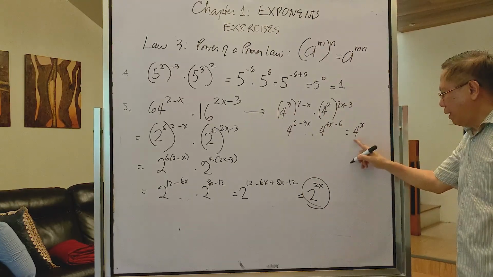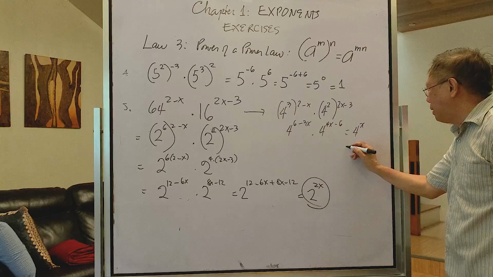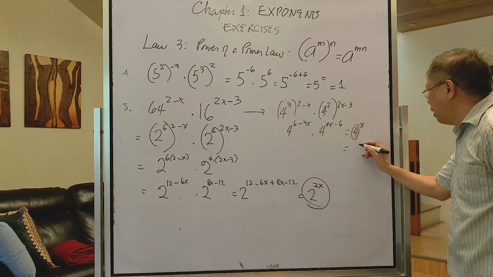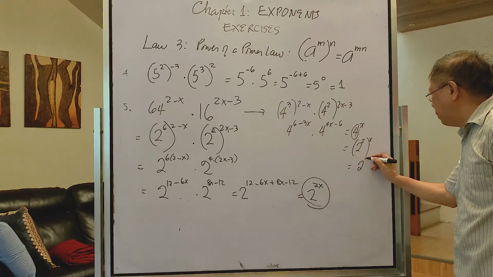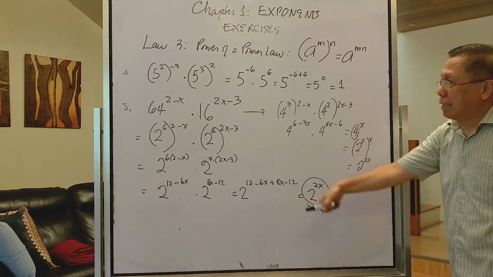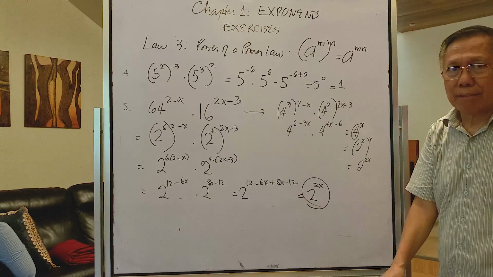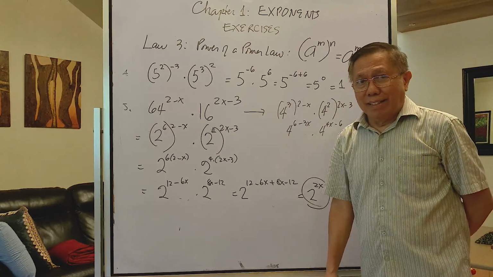Notice that 4 raised to the x is the same as 2 to the 2x. Why is that so? Because 4 here can be written as 2 squared raised to the x, and I will get here 2 to the 2x. In both cases, both solutions are correct. Thank you.